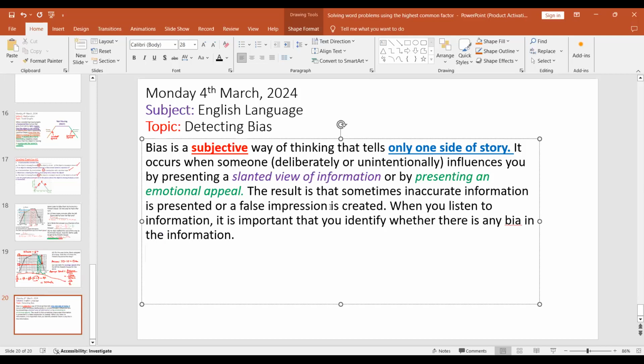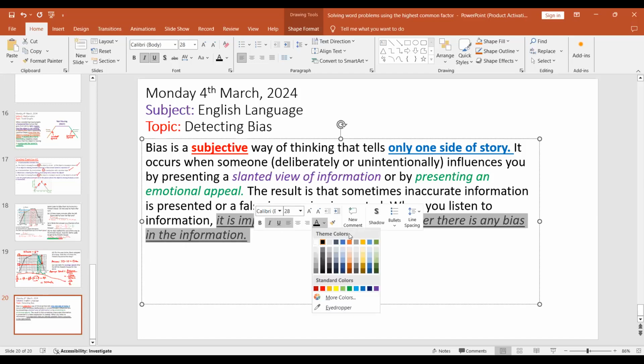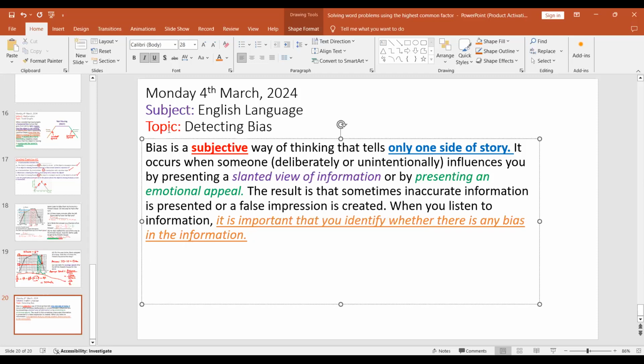Now, why do persons deliver information with bias? When you are listening to information, you have to be careful to listen out to see if there's any bias. And that's what we call critical thinking. You try to check, hey, is there any bias? Is this person presenting something in a way to try to convince me of something that's not really true?